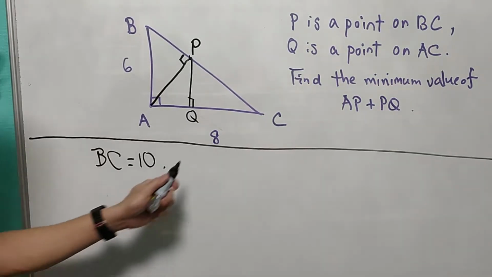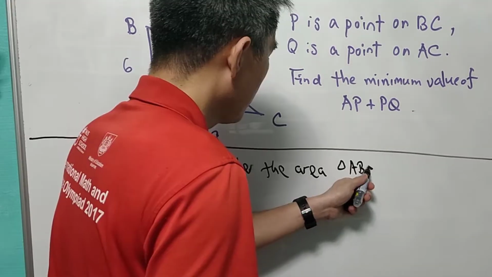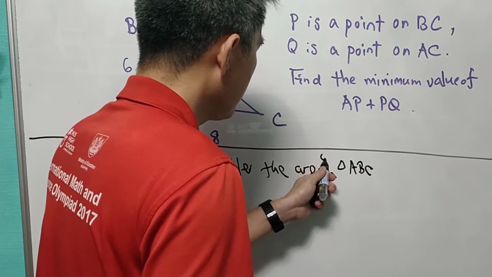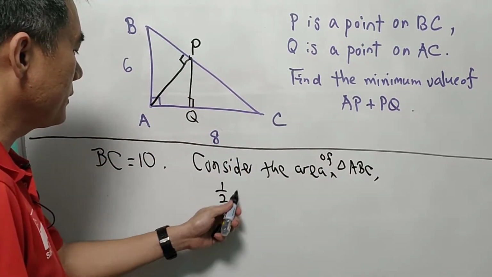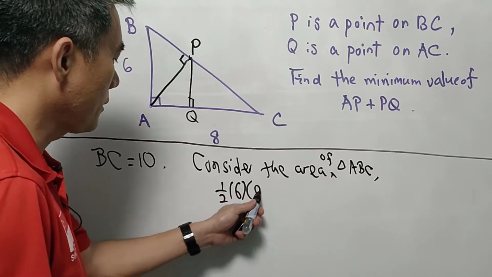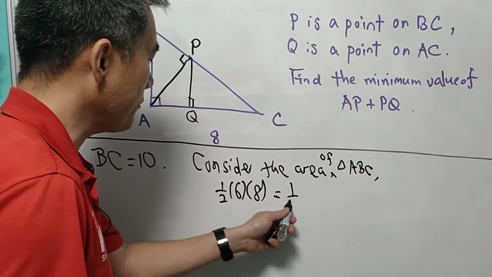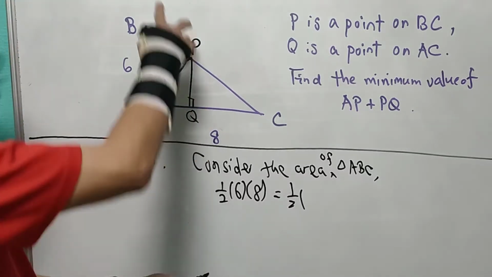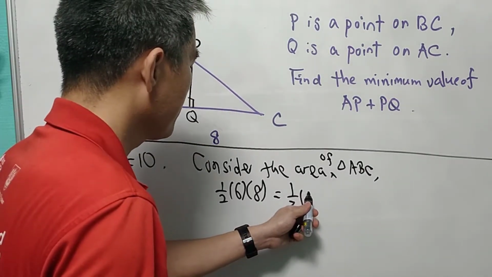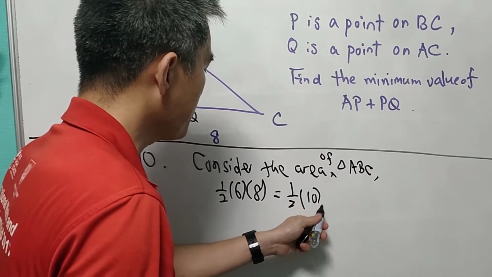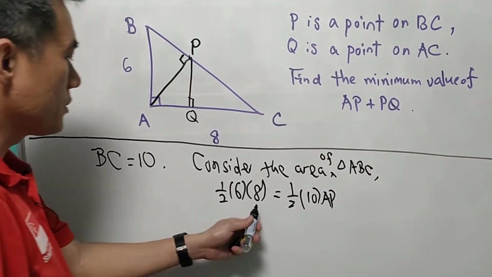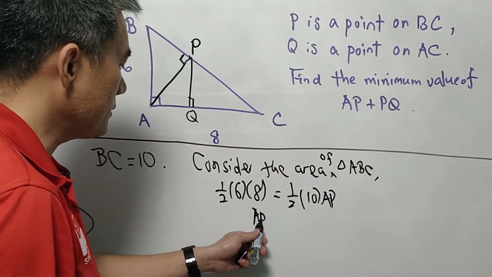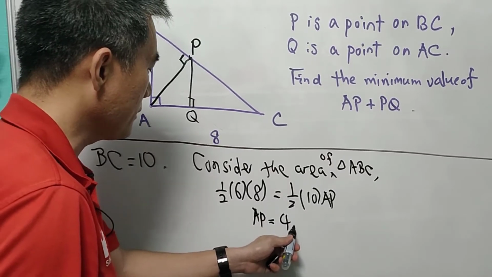Then if we consider the area of triangle ABC, it can be equal to half times 6 times 8, or it also can be half times 10 times AP, if this is perpendicular. So AP in this case is equal to 4.8.